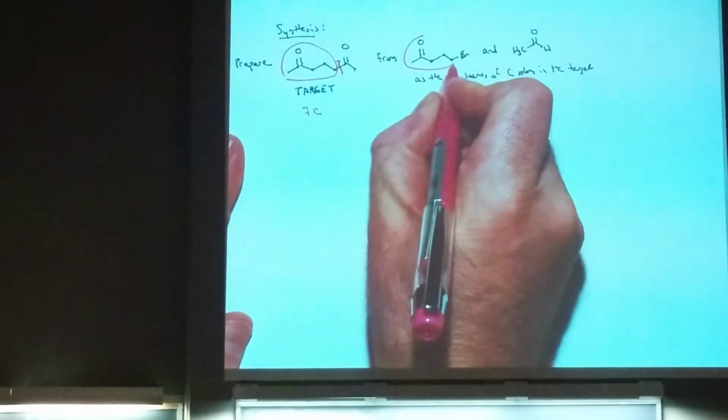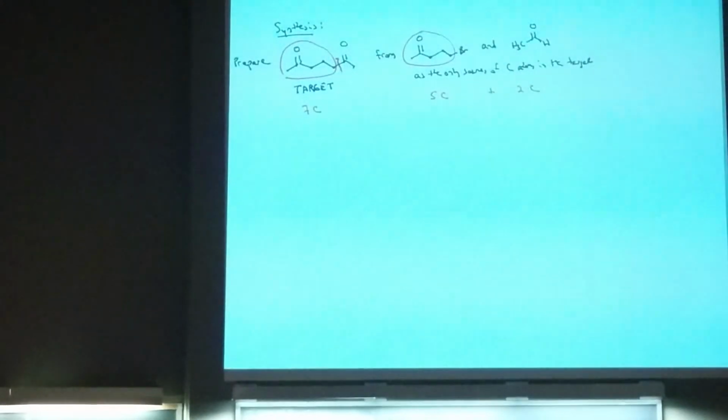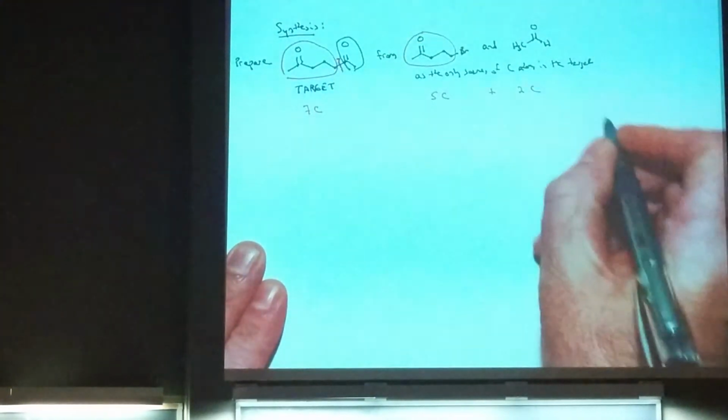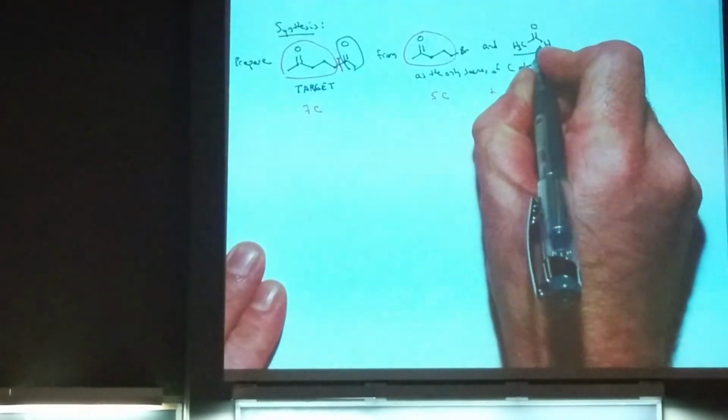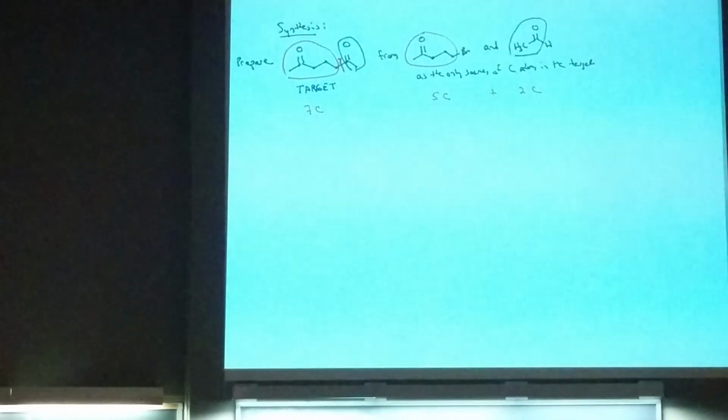Let's see, it's probably going to be there, because that's kind of resembling these circle things. This fragment maybe came from here, and that would mean the other piece, methyl, probably came from here. Okay.